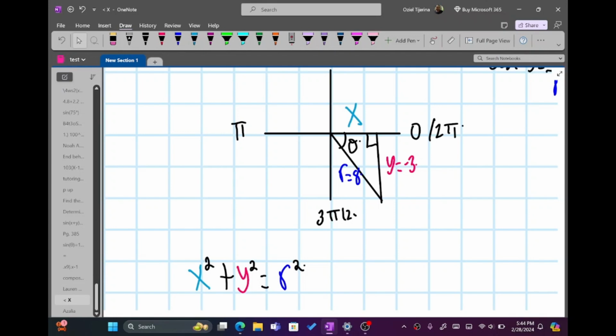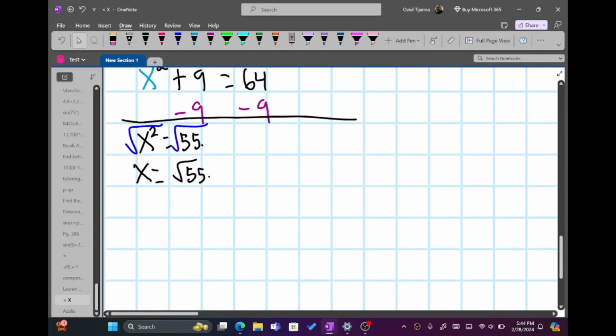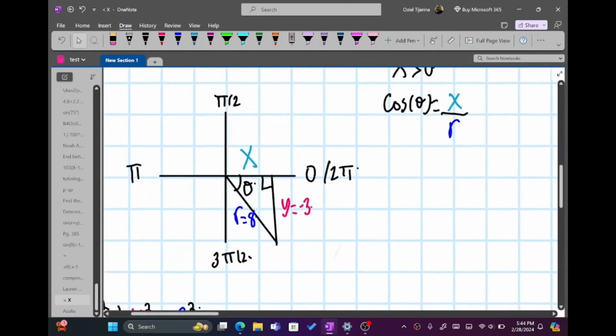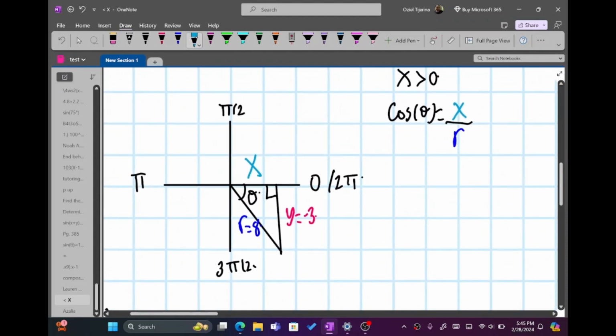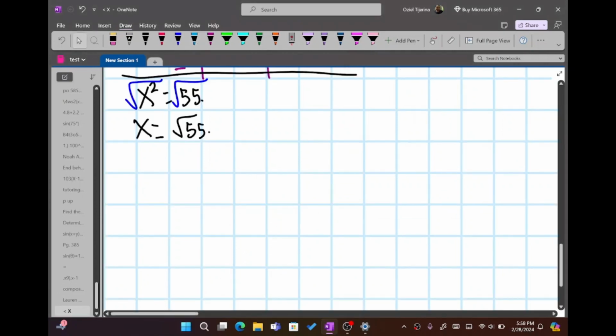Okay, I think I messed up on the actual, okay. So here, we're gonna go ahead and say the following. So we know that x is positive square root of 55, so we're gonna put that in here. So for right now, we're literally just solving for x and all that good stuff. Give me a second, guys, I'll be right back, hold on.